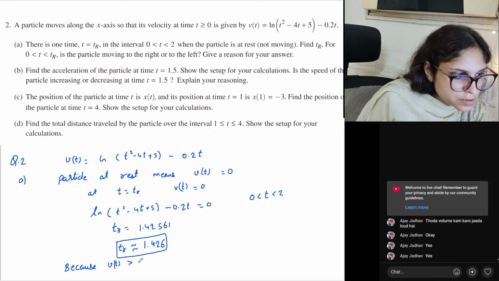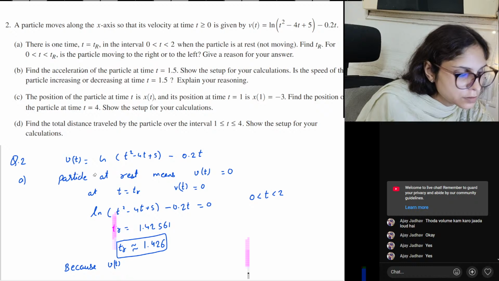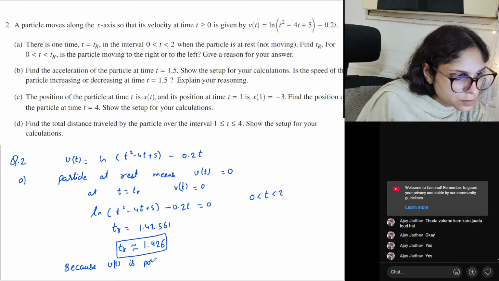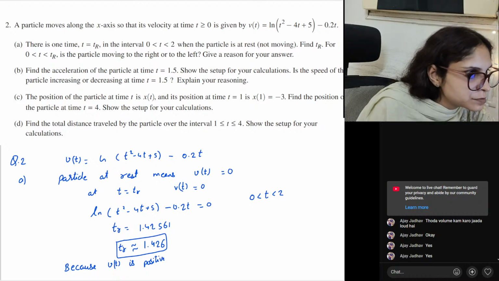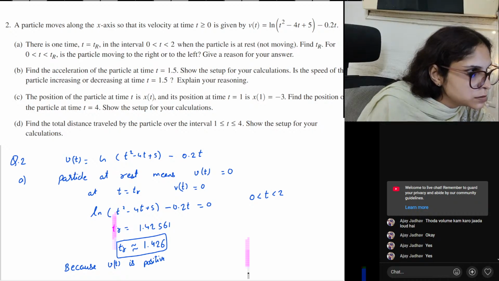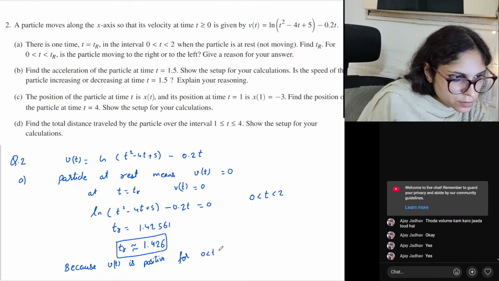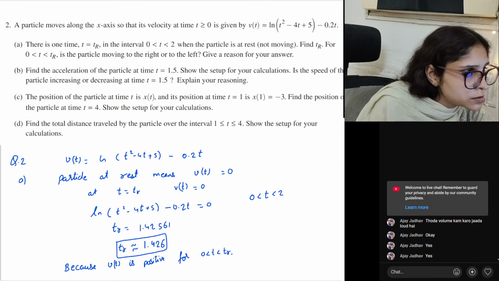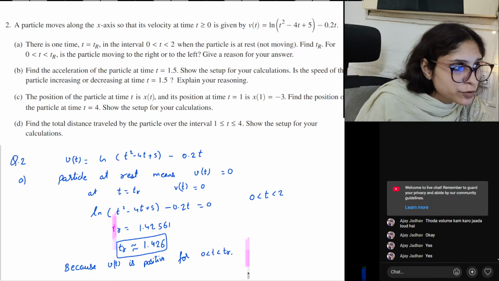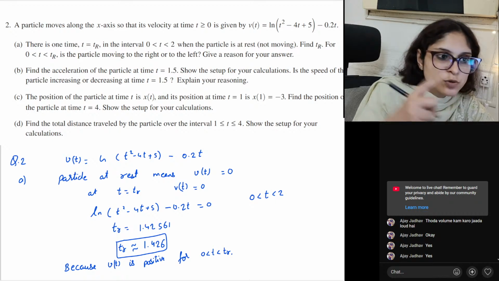Because v of t is greater than 0, or v of t is positive, for 0 to TR, the particle is moving to the right.